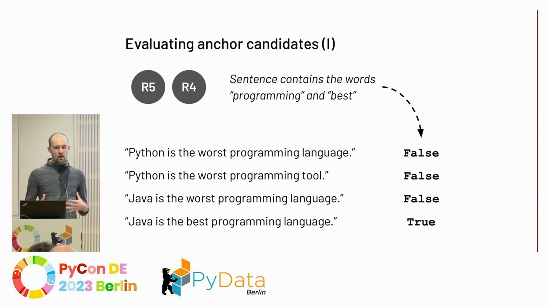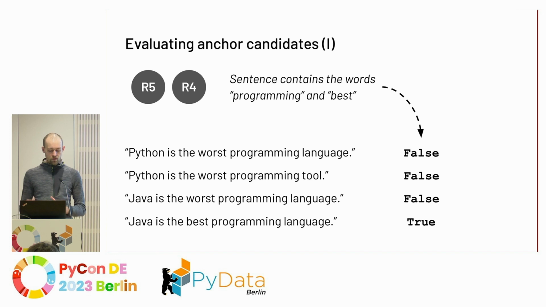And these can either come from a big body of text, so you might have a big text database or a big text data set, which you can look through, or you can also generate them by modifying the original sentence, just swapping out certain words or just deleting words from the sentence. And we will look through all these samples until we find a sentence that matches our rules, that fulfills the rule that it has to contain the word best and it has to contain the word programming.